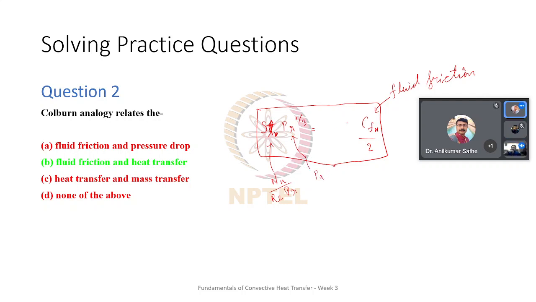So this relates the fluid friction, on the right hand side, with the local heat transfer, on the left hand side. That's what the Colburn analogy is. Prandtl number to the power of 2/3, not 1/3. Sorry.